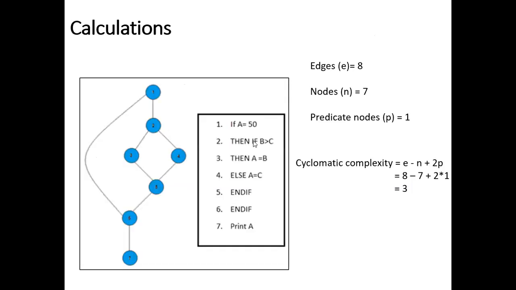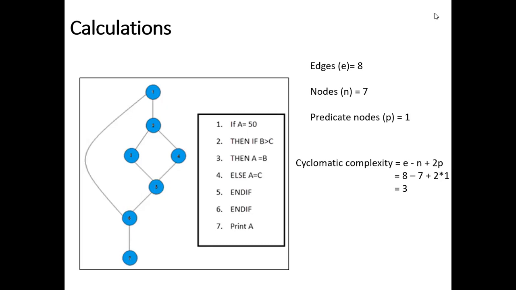So if we talk about our example, this is our program, this is our control graph, right? So these are nodes and these are edges. The lines connecting nodes 1 and 2 are edges. Nodes 2 and 3 are connected, so this is our edge, right? So if we calculate our total edges, we have 1, 2, 3, 4, 5, 6, 7, 8 here. And since our program contains 7 statements, we have 7 nodes.